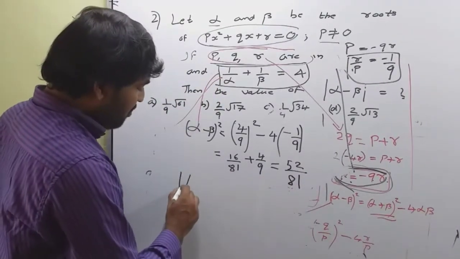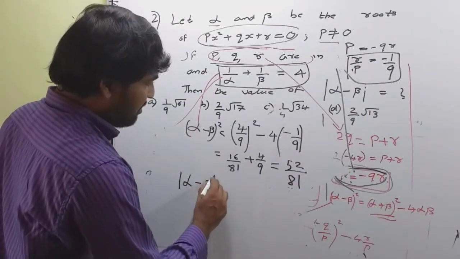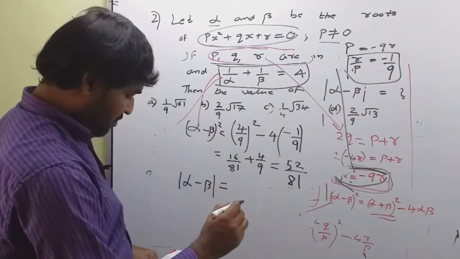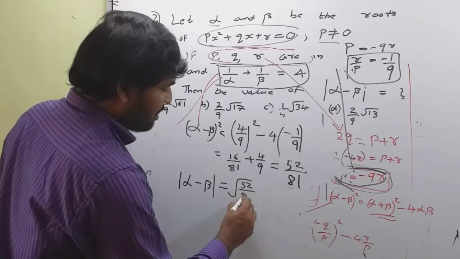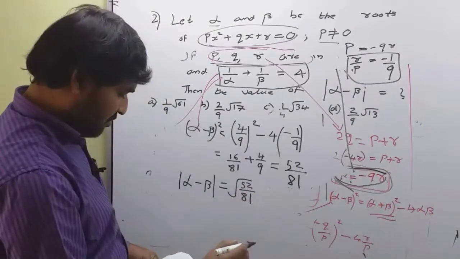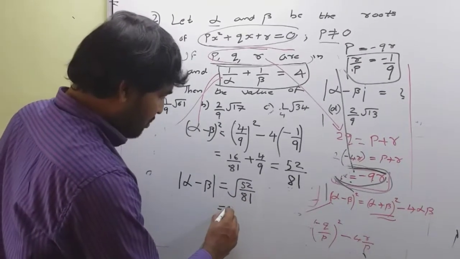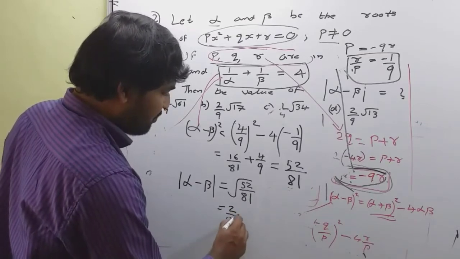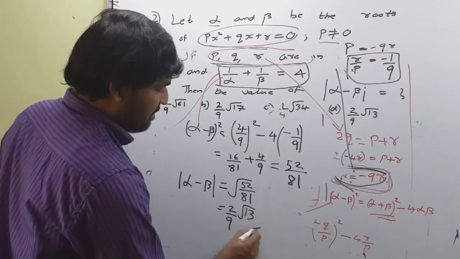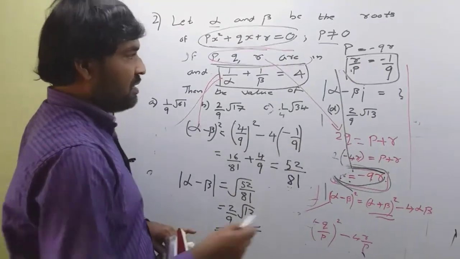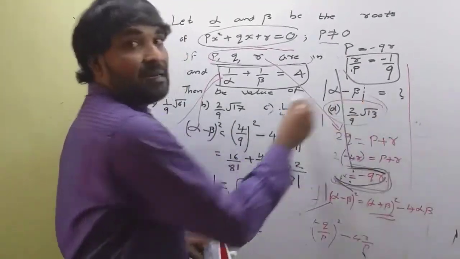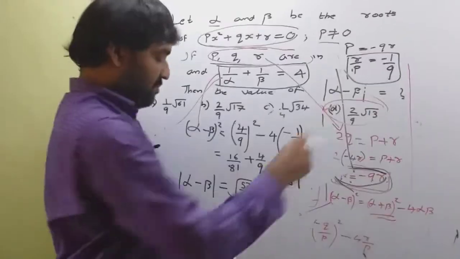Therefore, mod alpha minus beta is equal to root of 52 divided by 81, that is 2 by 9 root 13. So D is the answer.